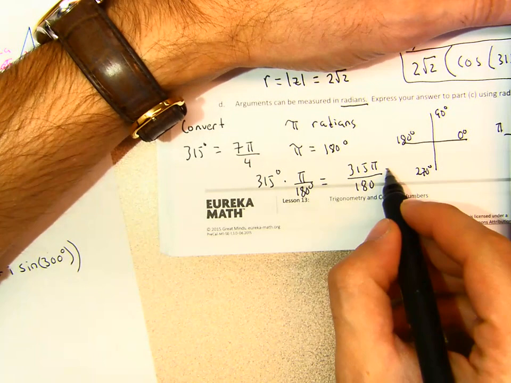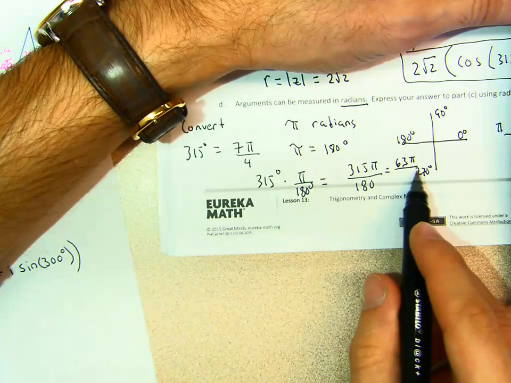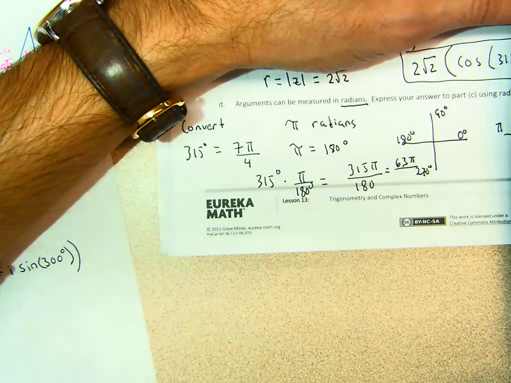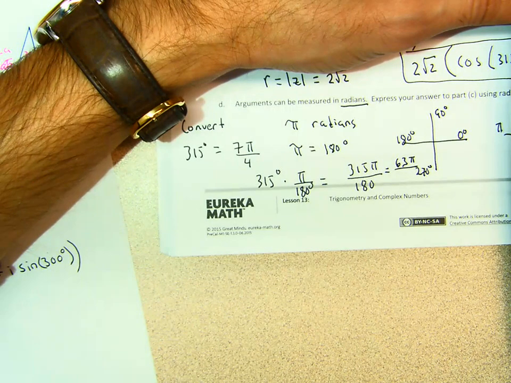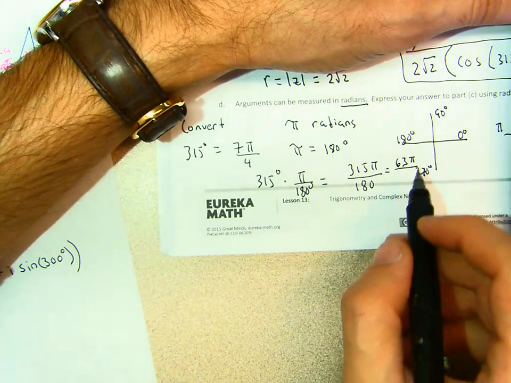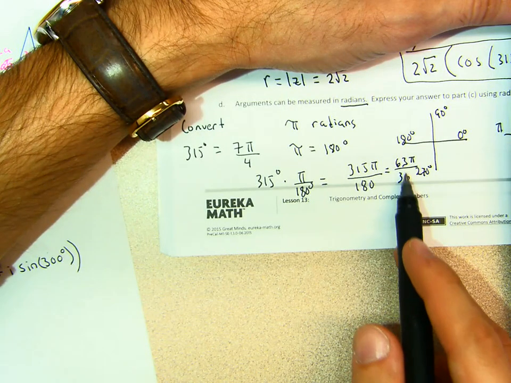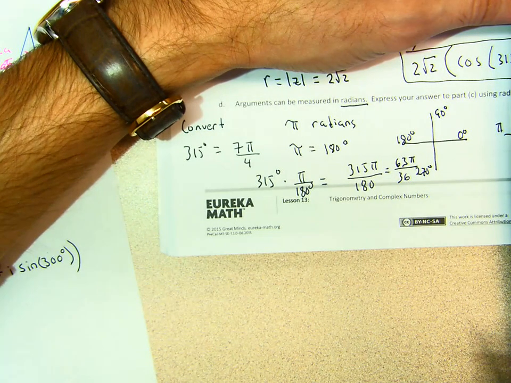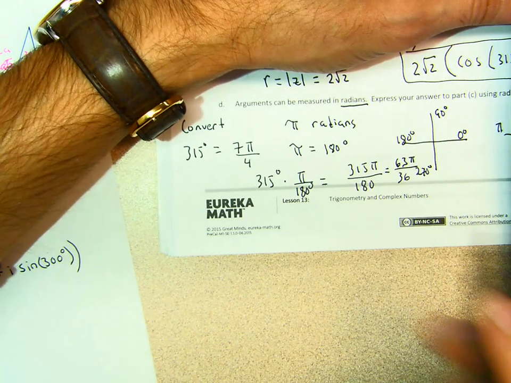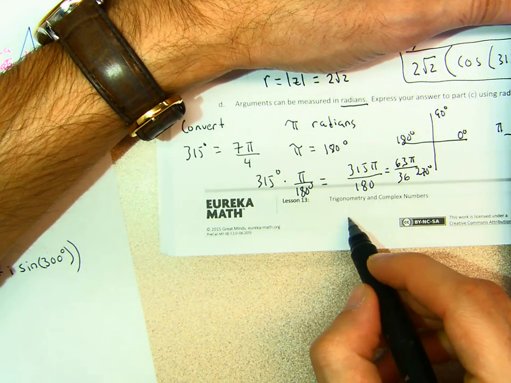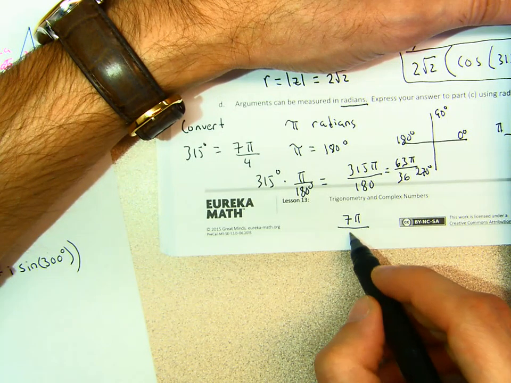So this is 63 pi over, I'm sorry if everything is very squished, but it's 63 pi. And what is 180 divided by 5? That should be 36, right? This is 36. Can I keep going? What's the GCF? Oh, now it's 9. So here we divide top and bottom by 9. 63 divided by 9 is 7 pi, and 36 divided by 9 is 4.